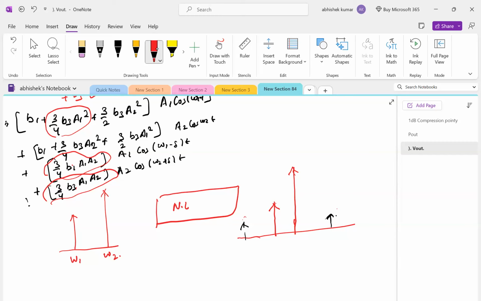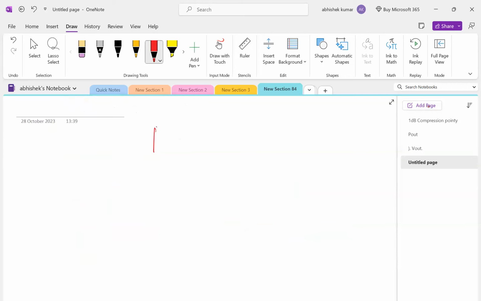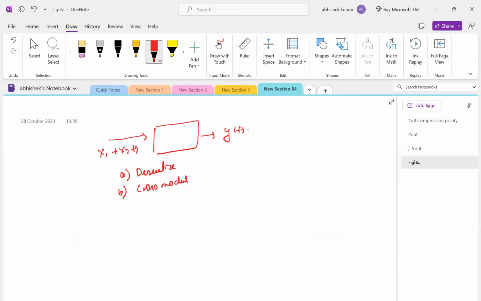Actually, what happens is, if we are sending two inputs, x1 and x2(t), and we are getting y(t), our output can get desensitized, and we can have cross modulation. Suppose this is our original term and this is our interferer.